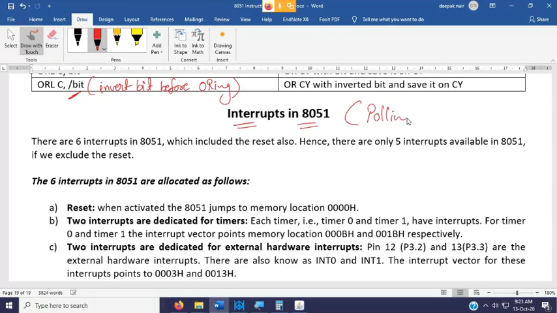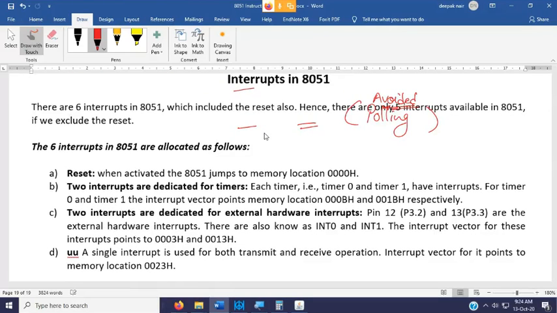Polling is not the solution, so polling is mostly avoided. What we do mostly is work with interrupts. The more interrupts a system provides, the better the system is, and of course interrupts come with priorities also.